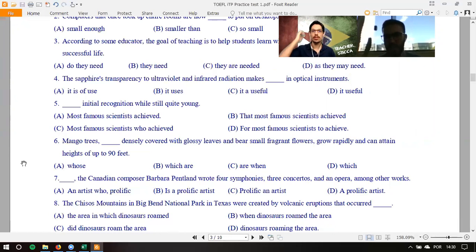Letter C. No, no. Disappearance. Letter... I don't know.